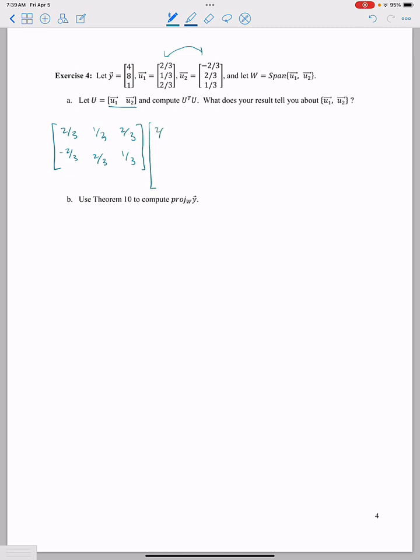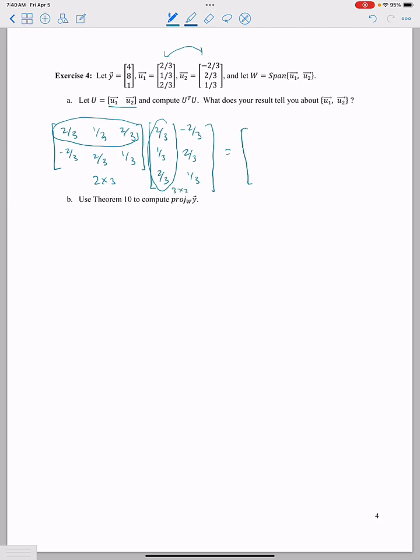And then 2/3, 1/3, 2/3, negative 2/3, 2/3, 1/3. And then multiplying. Maybe I should look at the size. This is a 2x3, this is a 3x2, so I should have a 2x2.